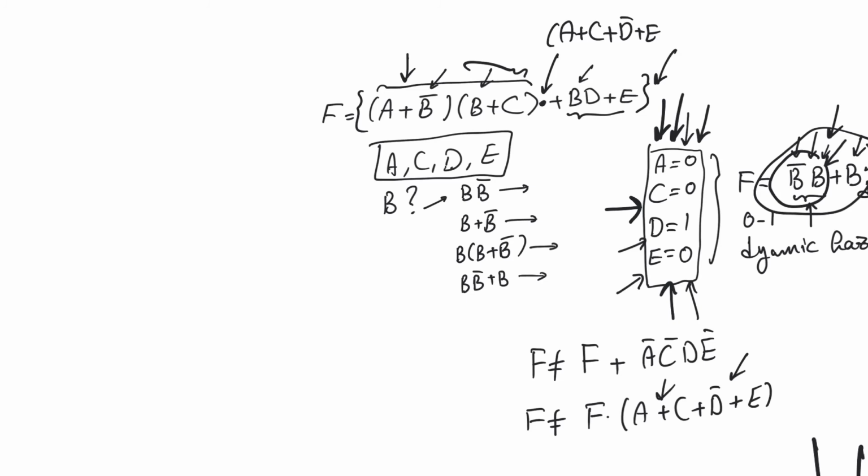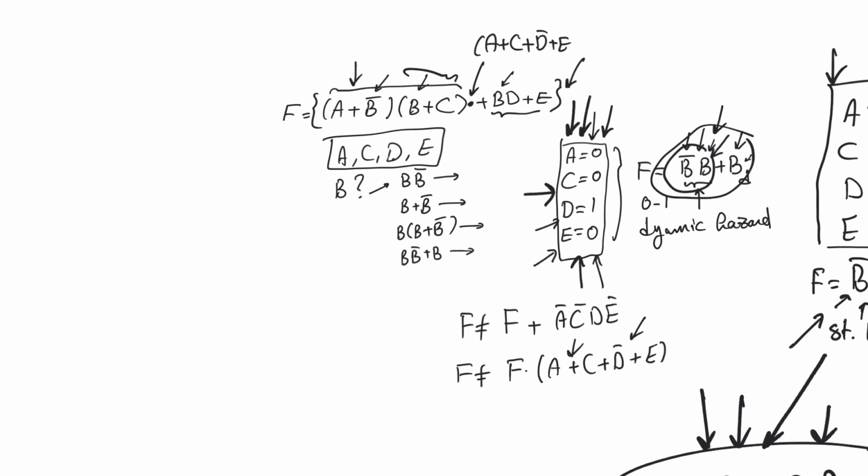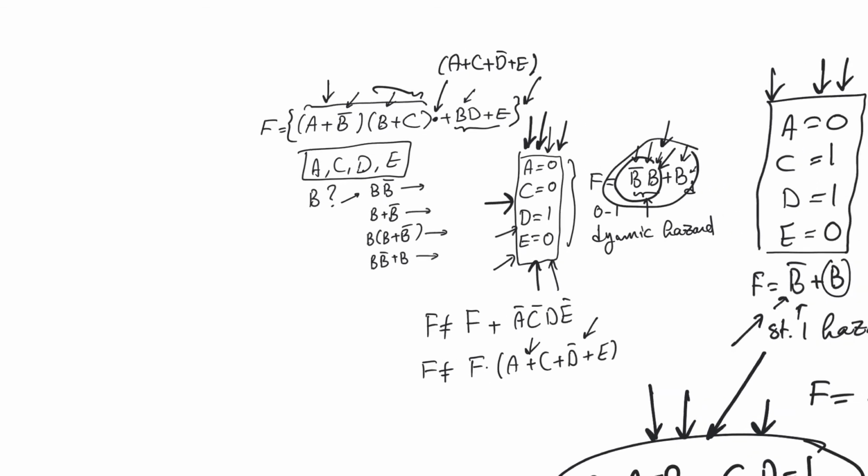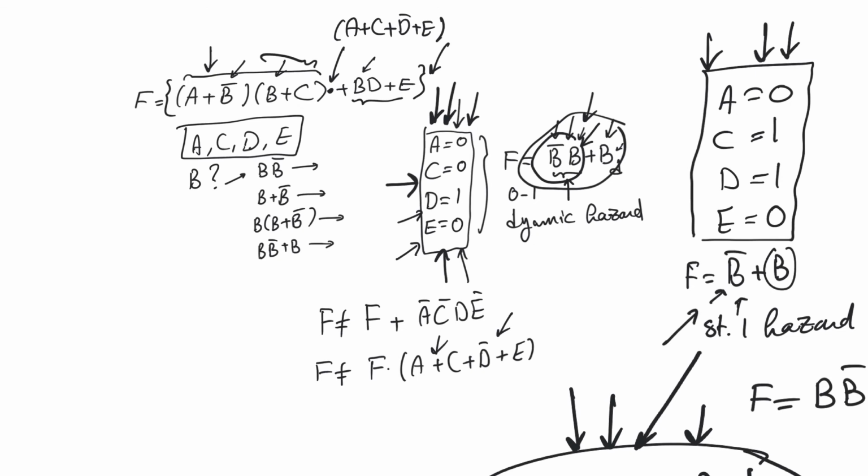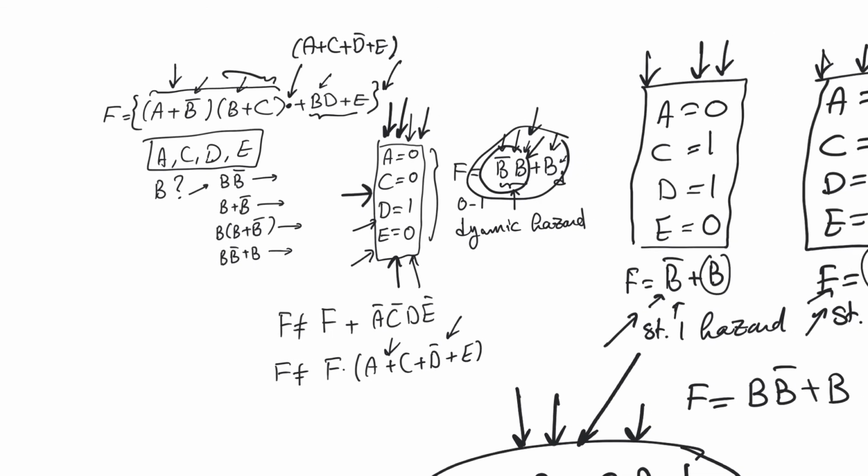And so in this case, you will solve the dynamic hazard because basically this bracket is masking the B dot B bar term. And so you don't actually have an F equal to B dot B bar when you have this input combo. What you have is F equal B times B bar into A plus C plus D bar plus E, plus B. Now this bracket for this input is going to be equal to 0.